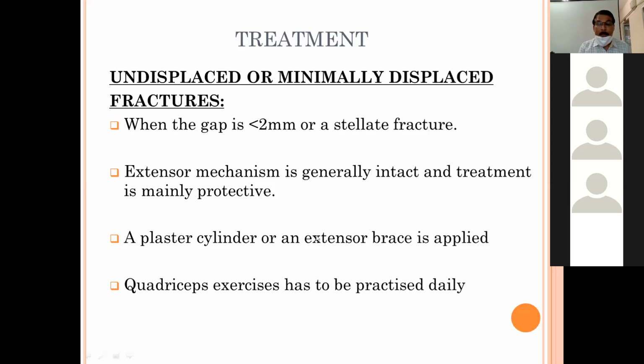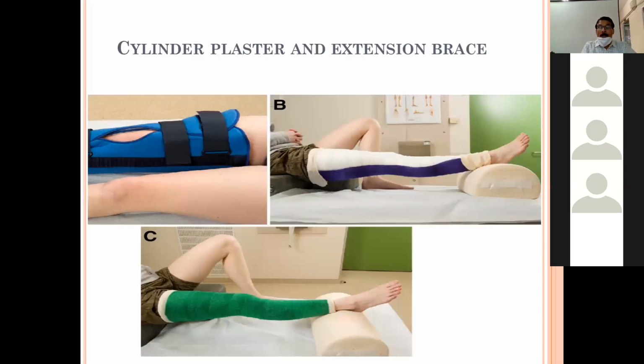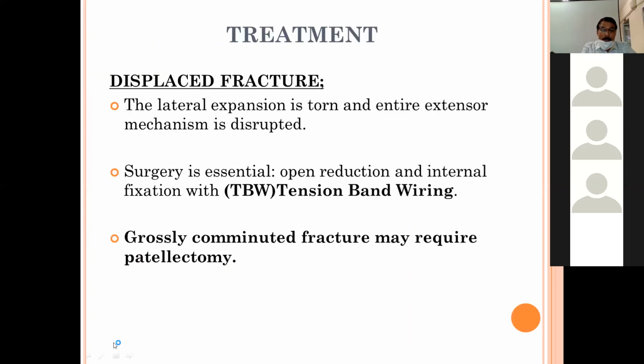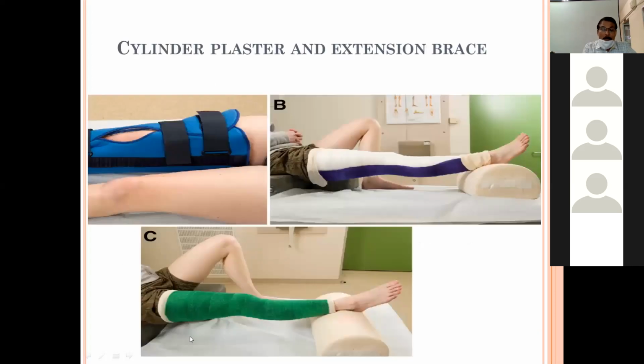So here we apply an extensor cylinder or extensor brace. The exercise should be started early. This is the plaster being applied for conservative treatment. This is not suitable for those fractures which are already very much displaced. That is not going to unite.